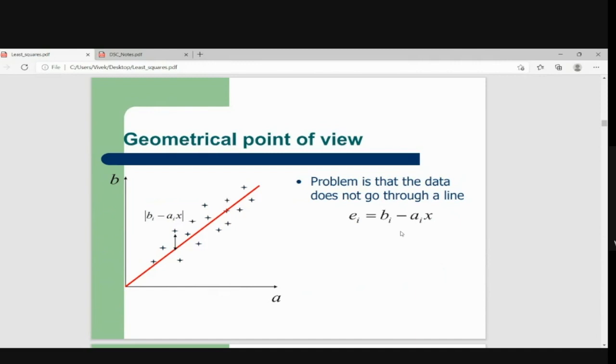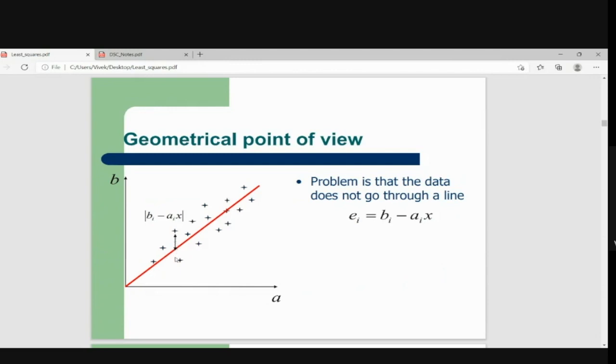Now suppose this is the line I have taken, b equals ax. I will substitute the value of ai here, and I get the value bi.